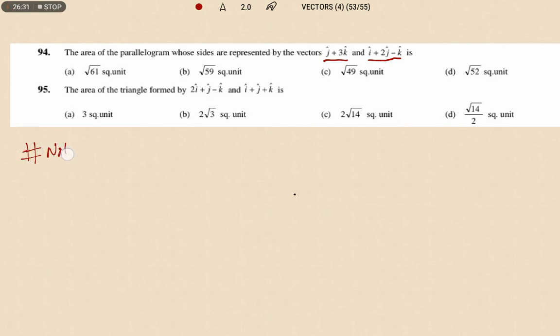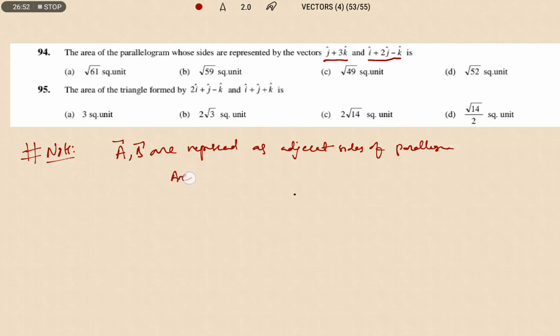Write this as a note: if A bar and B bar are represented as adjacent sides of a parallelogram, then the area of the parallelogram we can find as modulus of A bar cross B bar. So this gives the area of the parallelogram.